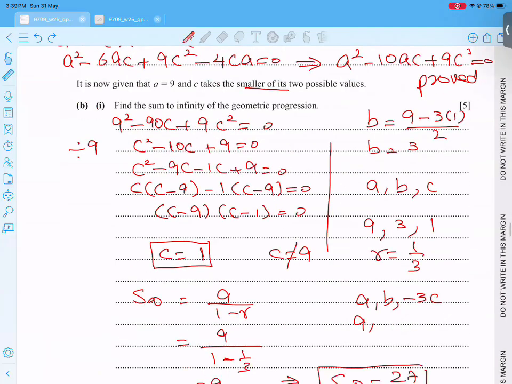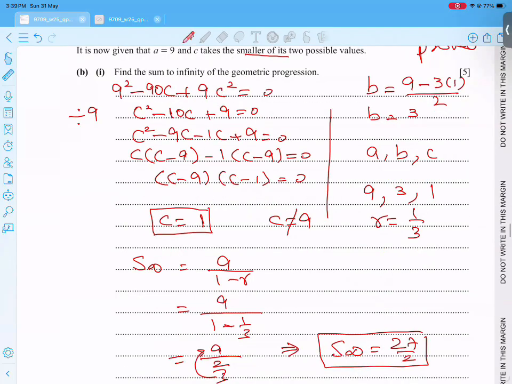Anyway, now see how we can get the value of d also, because common difference. So common difference is not by dividing, it is by subtracting, because a and b are the same. If you look carefully, the first two terms are the same, so I can use 9 and 3.